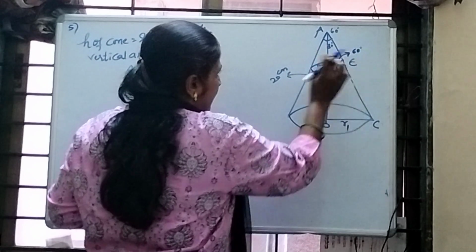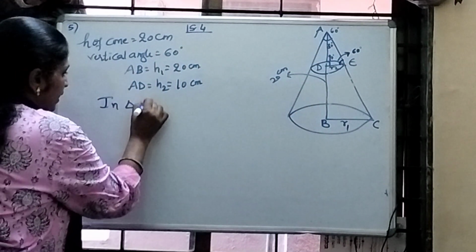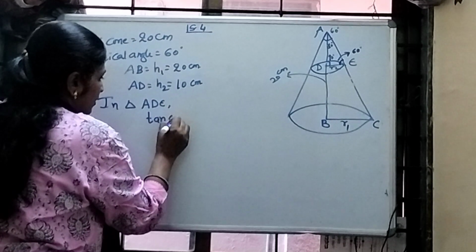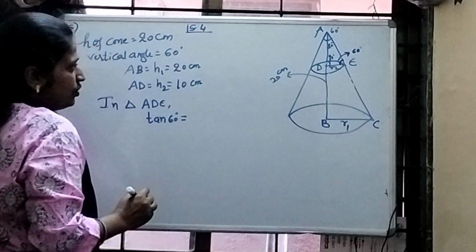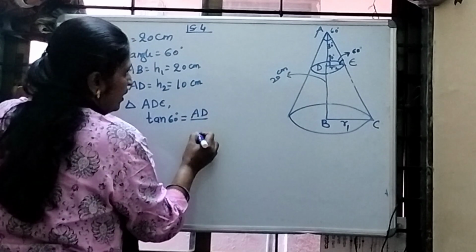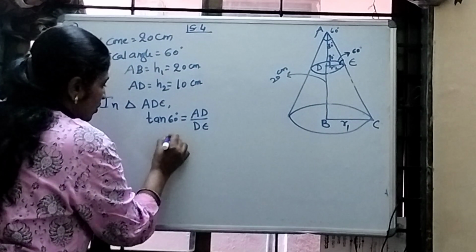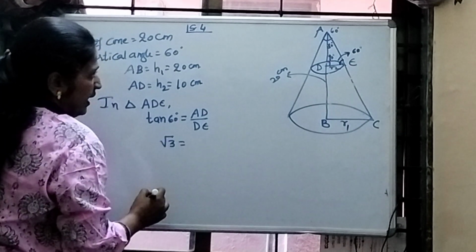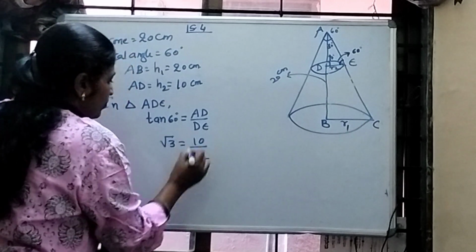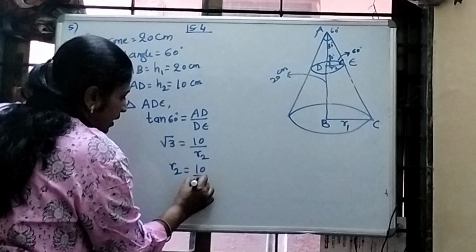In triangle ADE, tan 60 degrees is equal to opposite by adjacent, that is AD by DE. Tan 60 is root 3, AD we know is 10, and DE is nothing but R2. Therefore, if we cross multiply, R2 is equal to 10 by root 3.